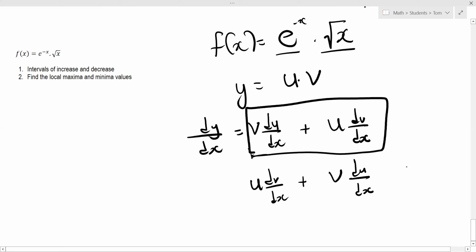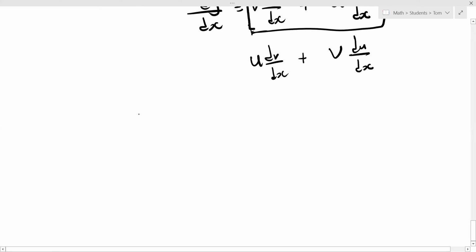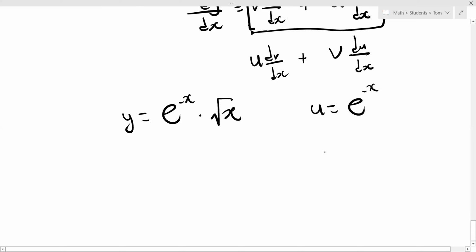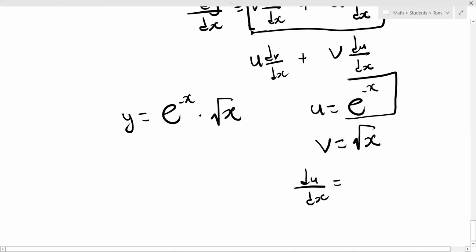So I have again y is equal to e to the power of negative x dot square root of x. So u will be equal to e to the power of negative x, and our v will be square root of x. Then our du dx, the derivative of e to the power of negative x, is negative e to the power of negative x.